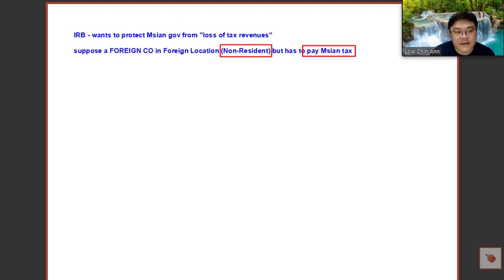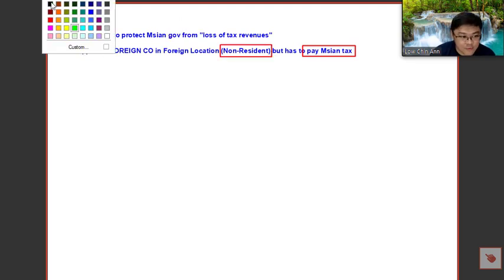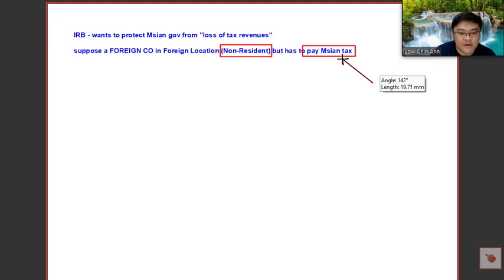Then you must think back about the scope of charge. Last time we talked about the scope of charge, and if you remember, we said that whenever income is Malaysia derived, then you have to pay Malaysian tax. It doesn't matter whether you're resident or not resident. As long as your income is Malaysia derived, you have to pay Malaysian tax.